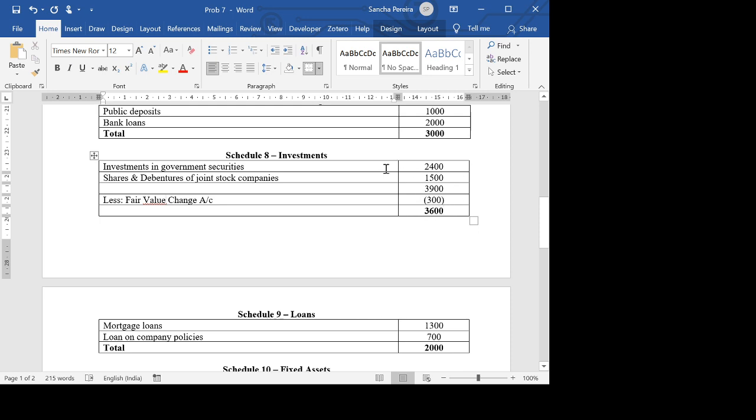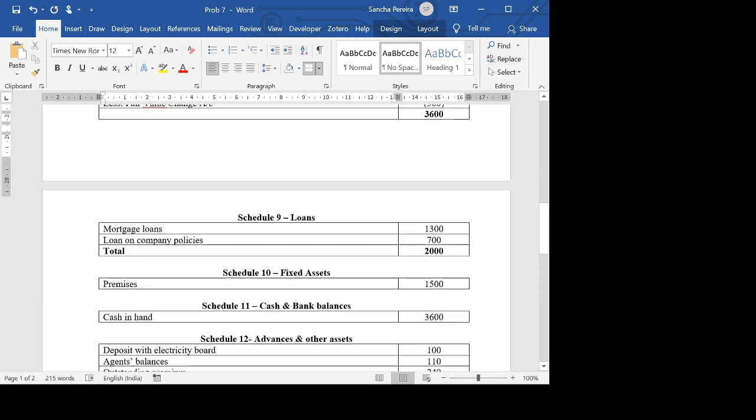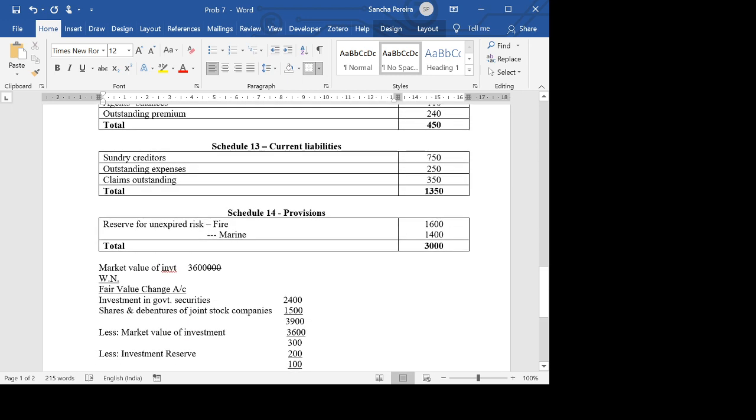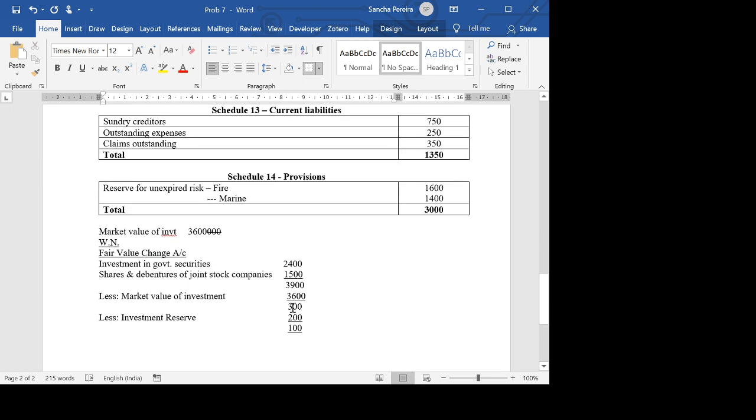So in the balance sheet we need to show 36, and the difference is adjusted towards the fair value change account. In this account you actually have a difference of 300, but we have compensated and brought it to 100 through the investment reserve.